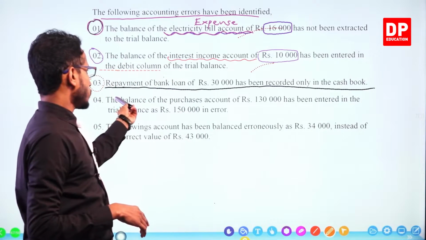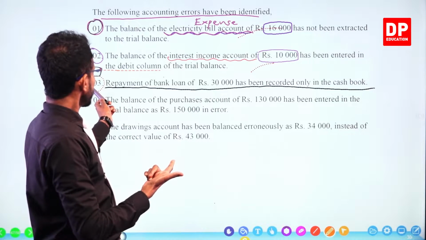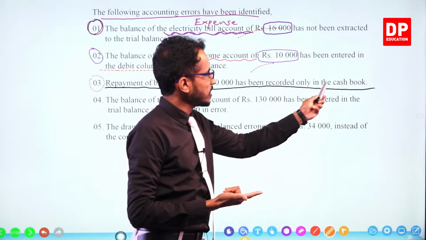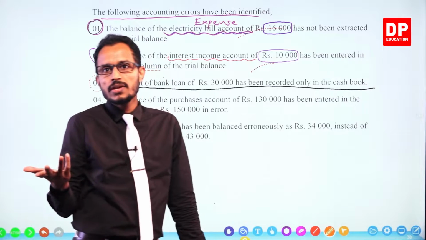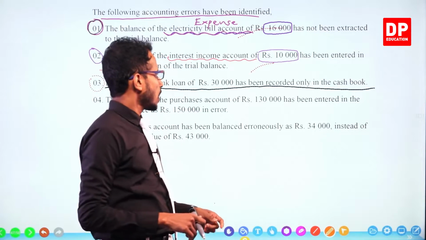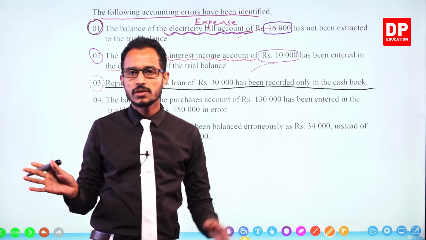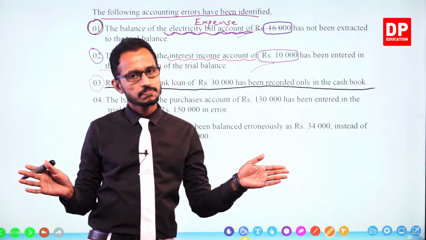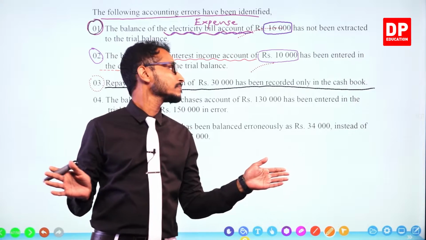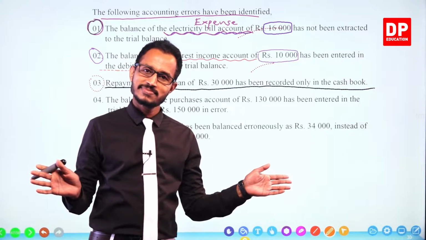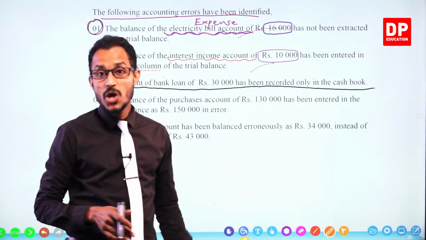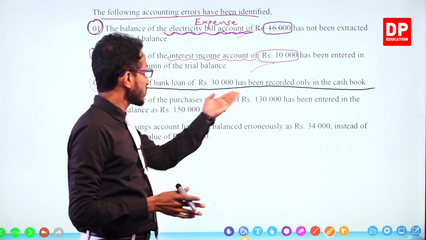But what is the problem here? Repayment of bank loan only recorded in the cash book. So bank loan account has not been debited. What should you do? You should debit the bank loan account. No, cash book has been credited.